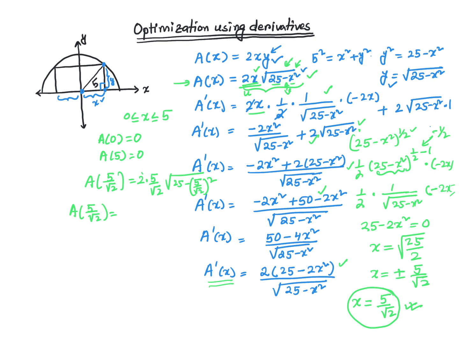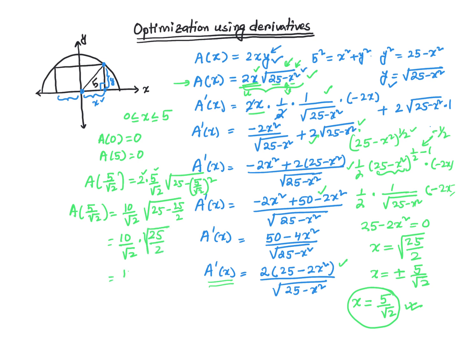So then 2 times 5 is 10 divided by square root of 2, then square root of 25 minus 25 over 2. That's going to give me 10 over square root of 2 times square root of 25 over 2. Okay, so square root of 25 over 2.